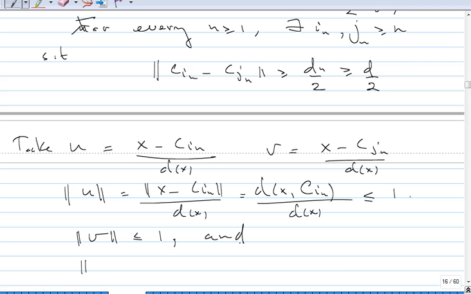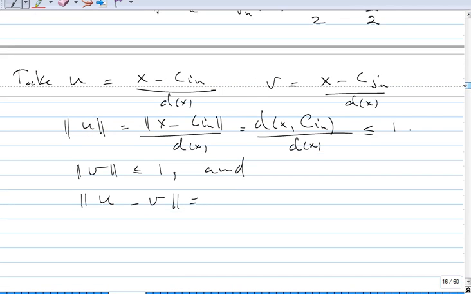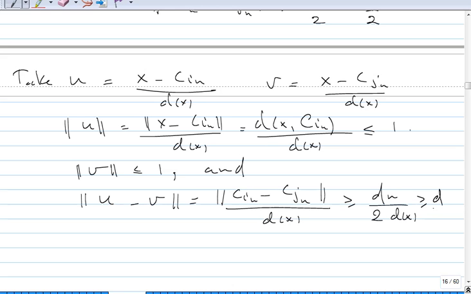Good. So now let's go to the norm of u minus v. This is going to be the norm of Cin minus Cgn divided by dx, and this is greater than what? Din is greater than dn over 2 times dx, which is greater than d over 2 of dx, and that's epsilon.